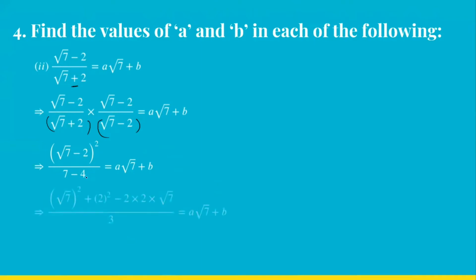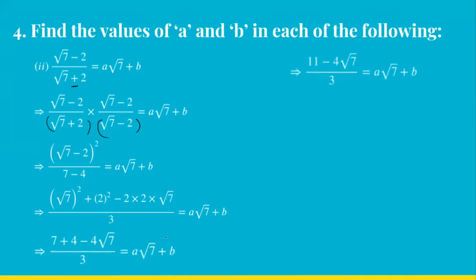Expand a minus b the whole square, a square plus b square minus 2ab, so 4 root 7. 7 minus 4 was 3. Root 7 square is 7, 2 square is 4, 7 plus 4 is 11. So this is 11 minus 4 root 7 upon 3.